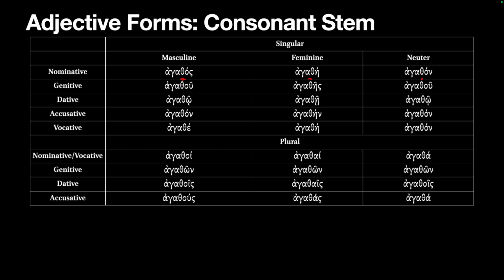If we were to look at this in a dictionary, it would be agathos, -ē, -on, and this dash is implying that that whole root is in front of that ending there.